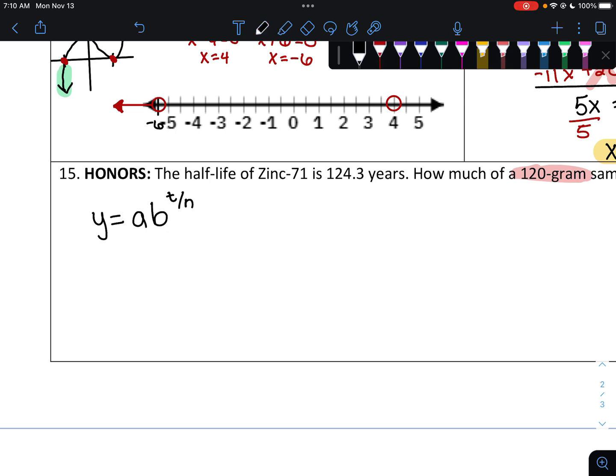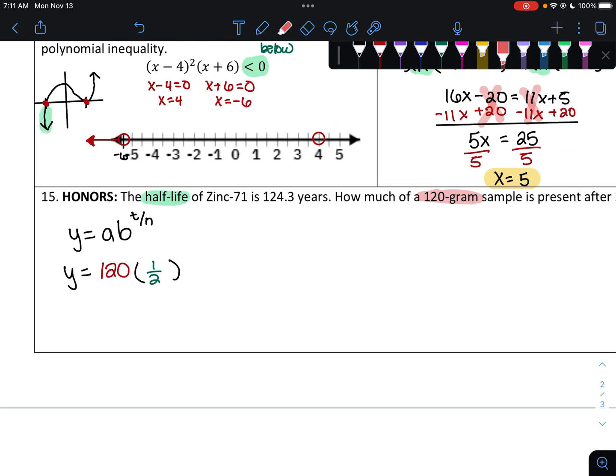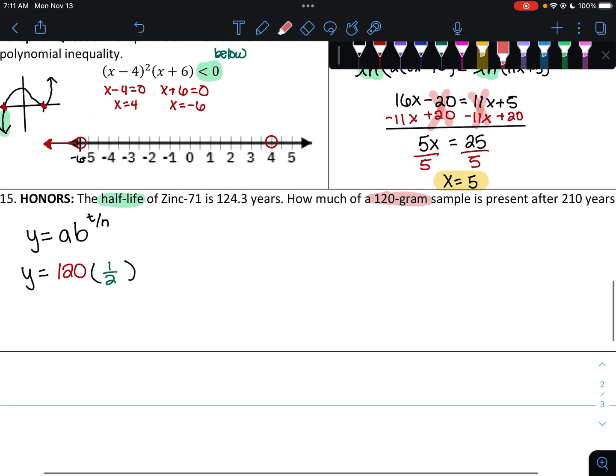So we have y equals 120. B is the growth or decay rate. That was the half-life part, so that is 1/2. And T is how long, after how many years are we trying to find? And we want to find after 210 years.